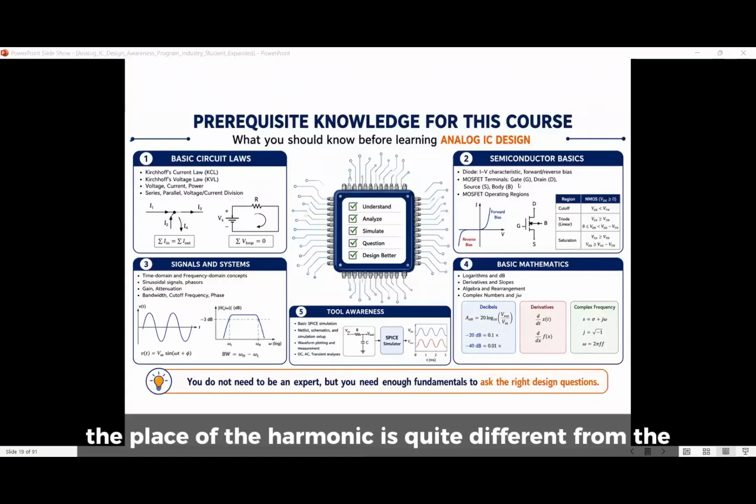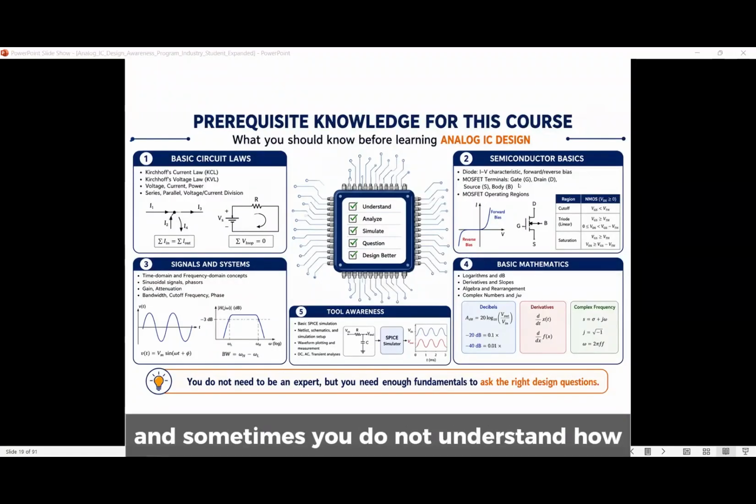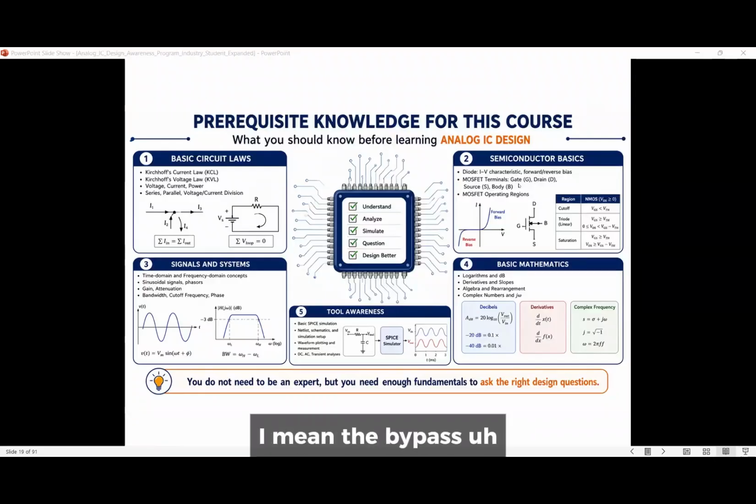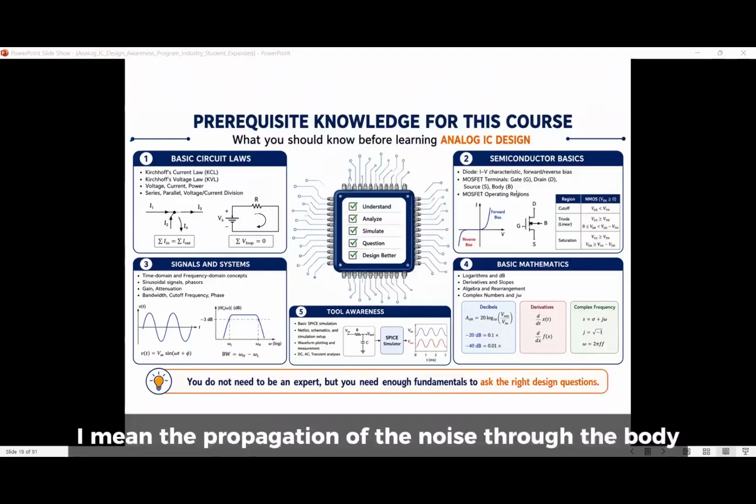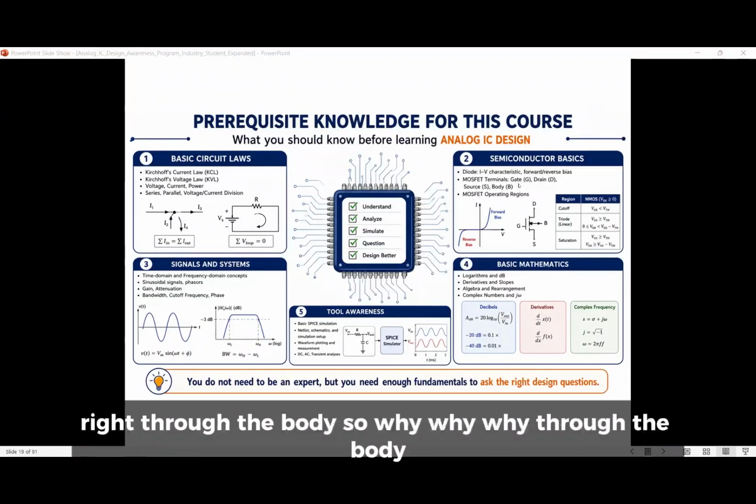The place of the harmonic is quite different from your desired signal, and sometimes you do not understand where this signal comes from. It is actually the propagation of noise through the body. So why through the body?